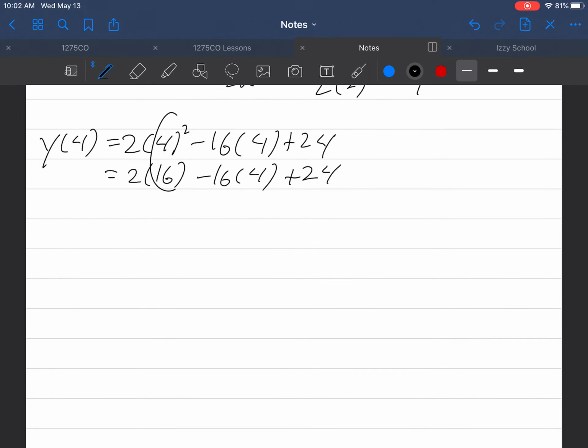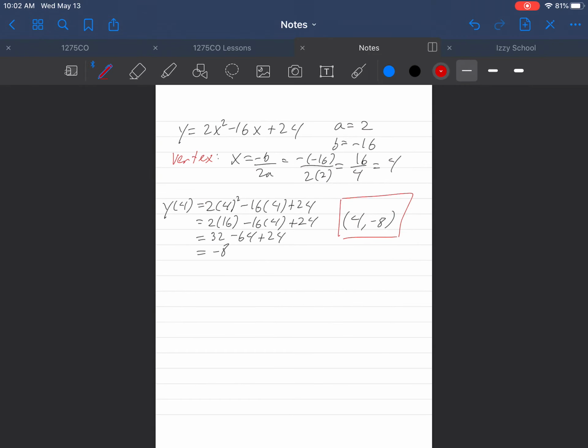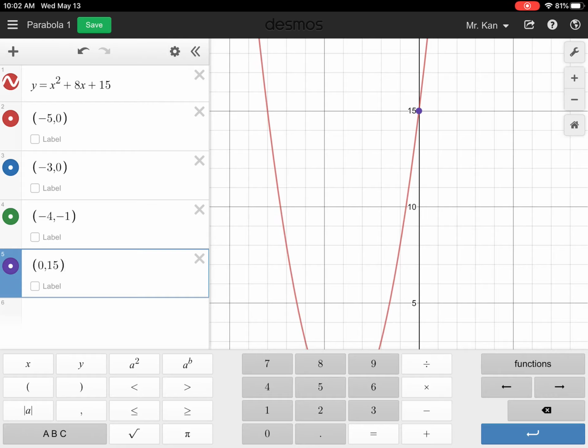Exponents come first, that's how 4 squared becomes 16. Now we can multiply 32 minus 64 plus 24, and then we can add these all together. 32 minus 64 plus 24 equals negative 8. So bringing it all together and presenting our answer as an ordered pair, we get a vertex here of (4, -8).